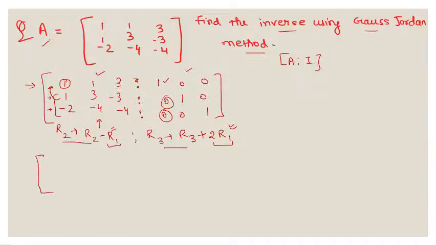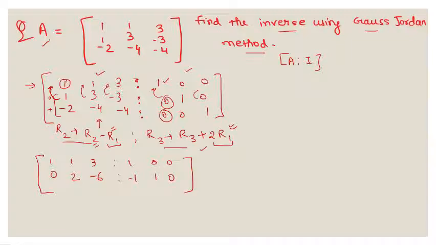So the first row is not changing. R2 minus R1: 1 minus 1 is 0, 3 minus 1 is 2, minus 4 minus minus 2 gives minus 6, hmm, 3 minus 3... Here 0 minus 1 is minus 1, 1 minus 0 is 1, 0 minus 0 is 0.